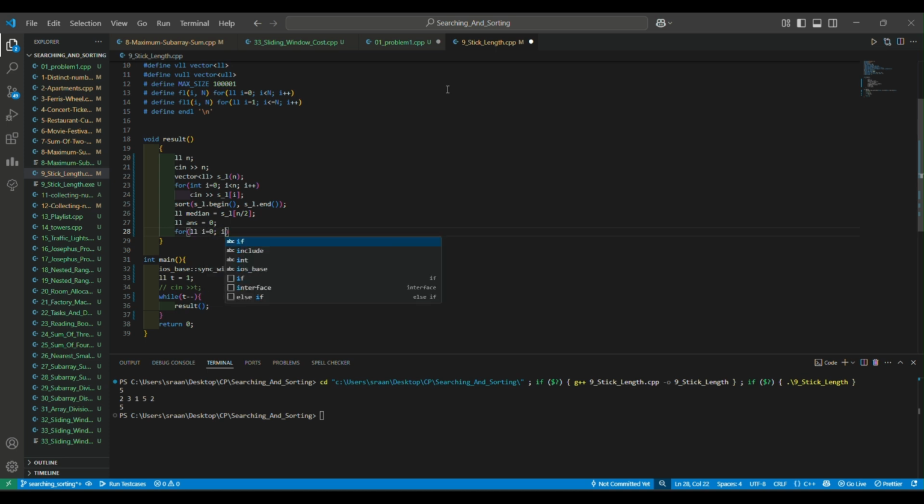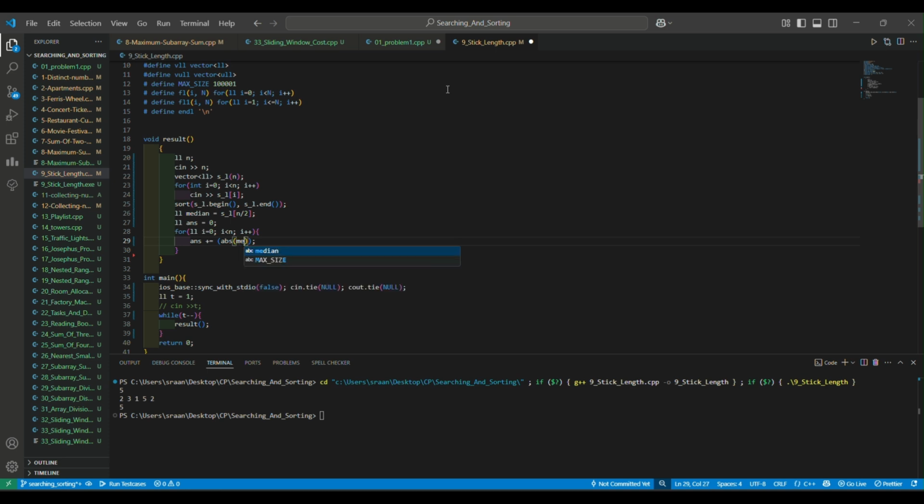Then we can run our loop, and we will keep on adding the absolute difference between our median and the current stick length. This absolute difference will be the change required in this stick, and the summation of stick length changes required would be the best if we select the stick which is at the median of our vector. Then at last we will print our answer.